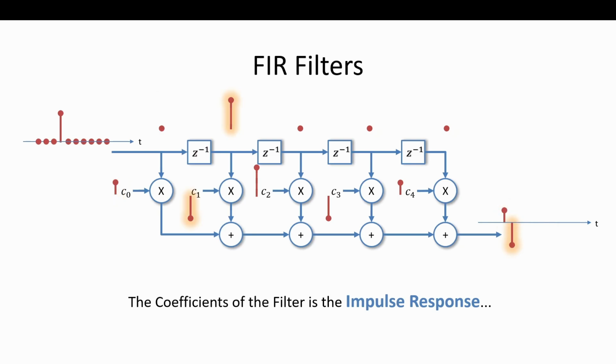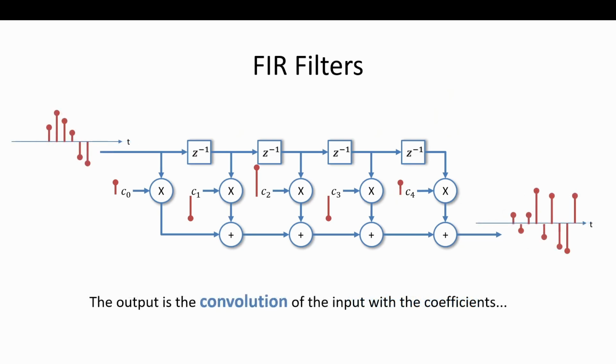As we move forward in time, after each tick of the clock, that's what the z to the minus 1 block means, the input is moving to the output. It's a register, a synchronous register. And so you're seeing it create the impulse response at the output of the filter. And then the output is the convolution of the input.